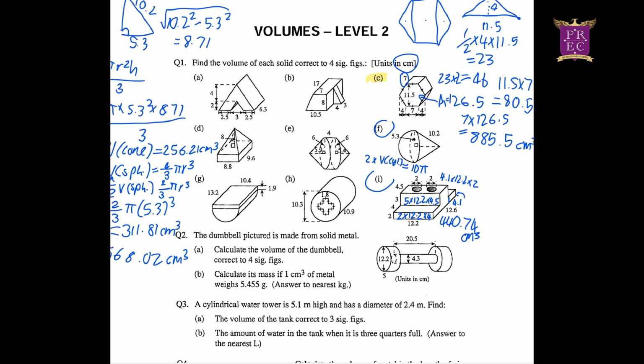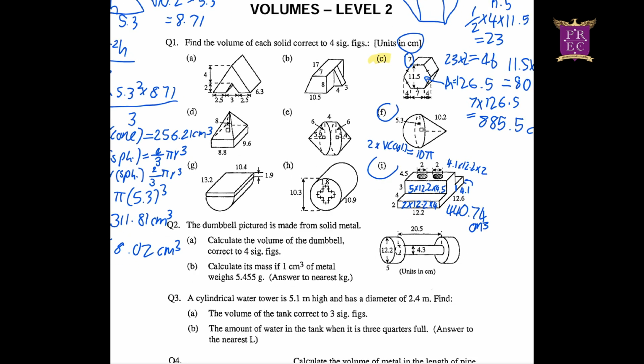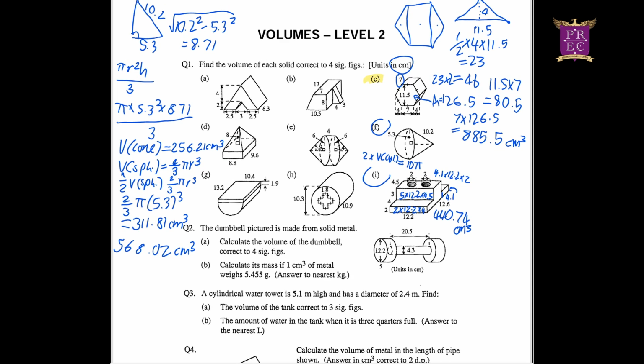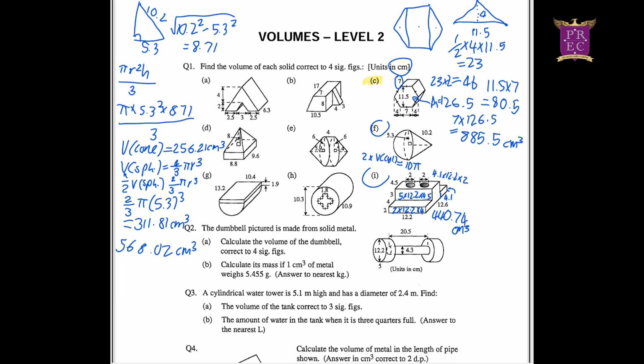Alrighty, now let's look at the dumbbell over here. The dumbbell pictured is made from solid metal. Calculate the volume of the dumbbell correct to 4 significant figures. Remember, 4 significant figures. Now, we've got 3 cylinders here, and 2 cylinders are the same. Let's find out the first cylinder's volume.